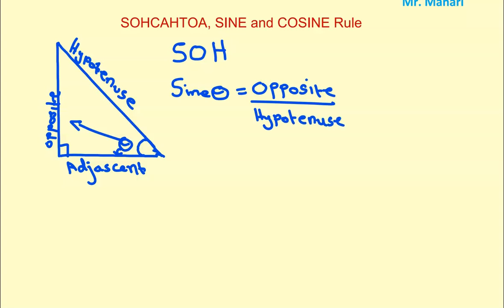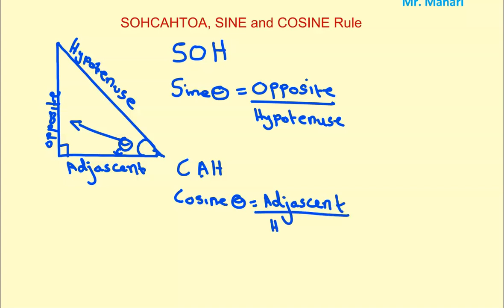We have the cah, which means that the cosine, which we just call cos, of an angle theta is given by the adjacent divided by the hypotenuse.